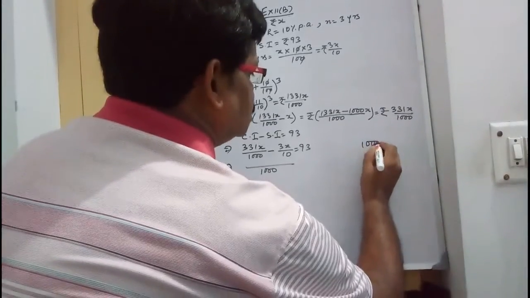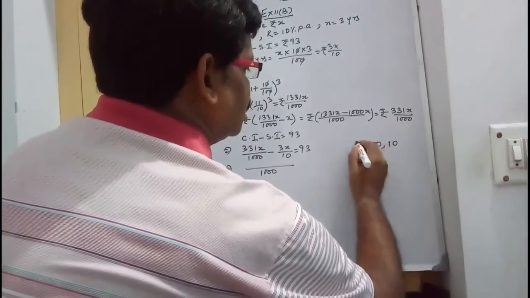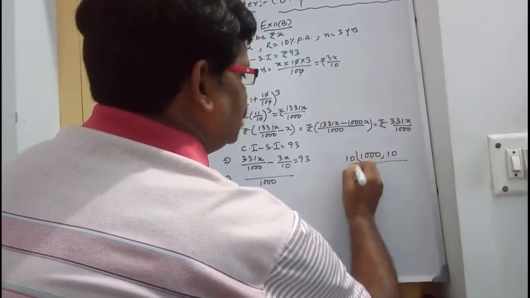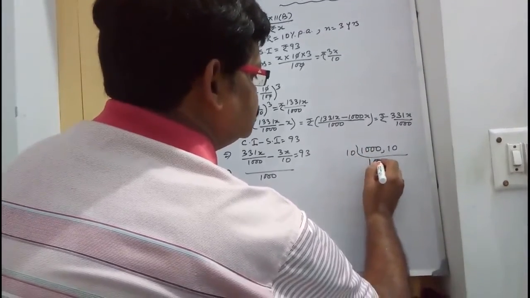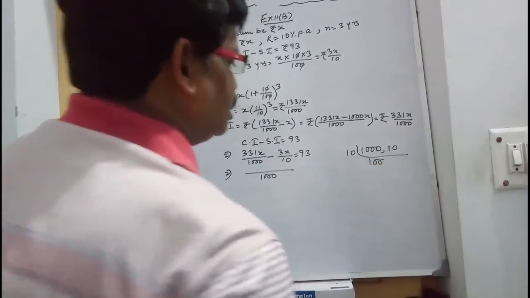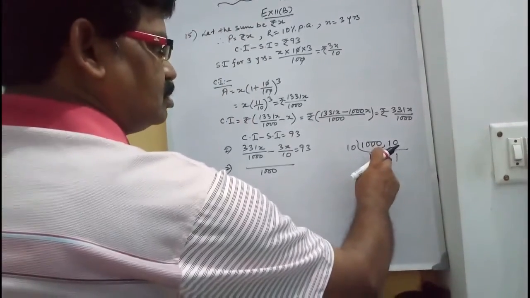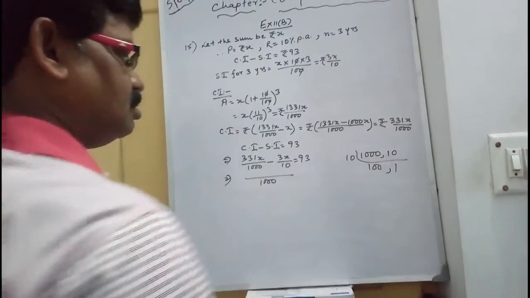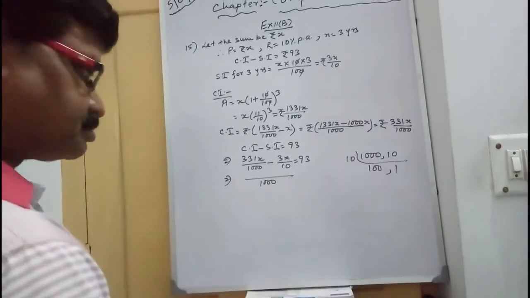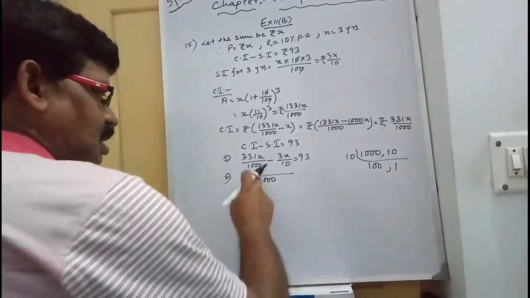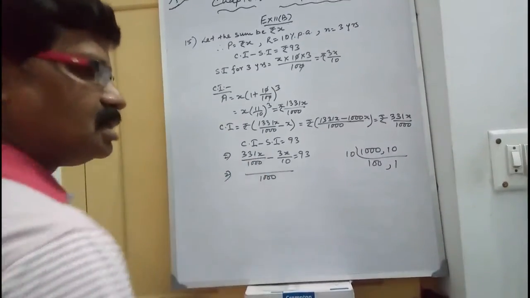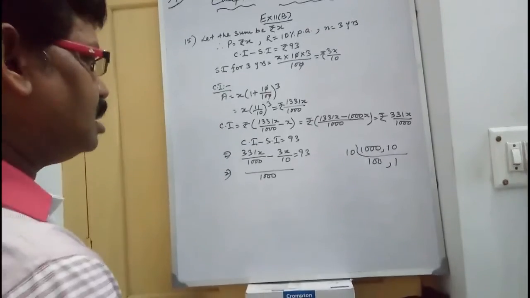Divide 1000 by 1000, which is equal to 1.